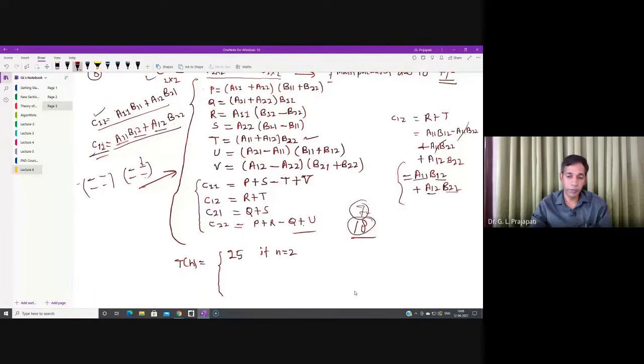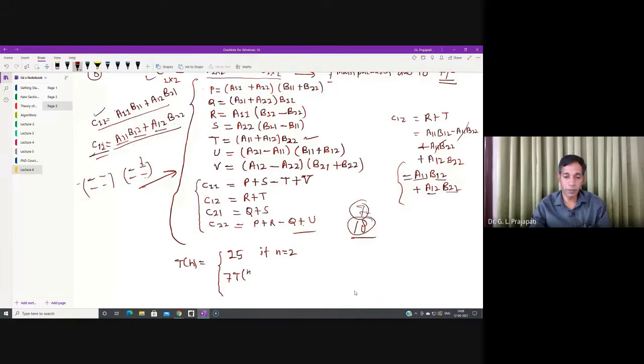Total 25. But if n is more than 2, then you need to divide the problem into subproblems, each of size n by 2, n by 2. How many matrix multiplications do you require here? According to Strassen, instead of 8, you now have 7 matrix multiplications of size n by 2.